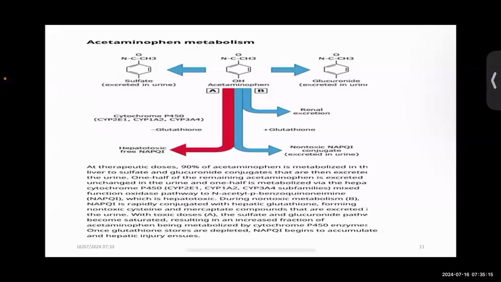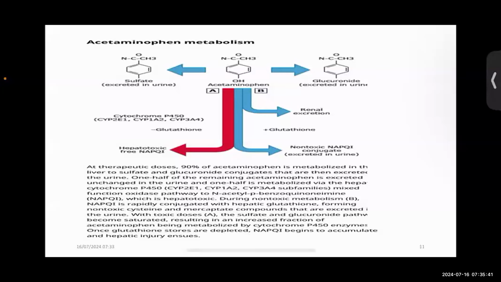So when these systems are overwhelmed, the cytochrome P450 keeps converting the acetaminophen to NAPQI, and this is toxic to the system. That is why glutathione is important, and N-acetylcysteine is a precursor for glutathione and can also bind this toxic NAPQI to make it non-toxic so it can be excreted.